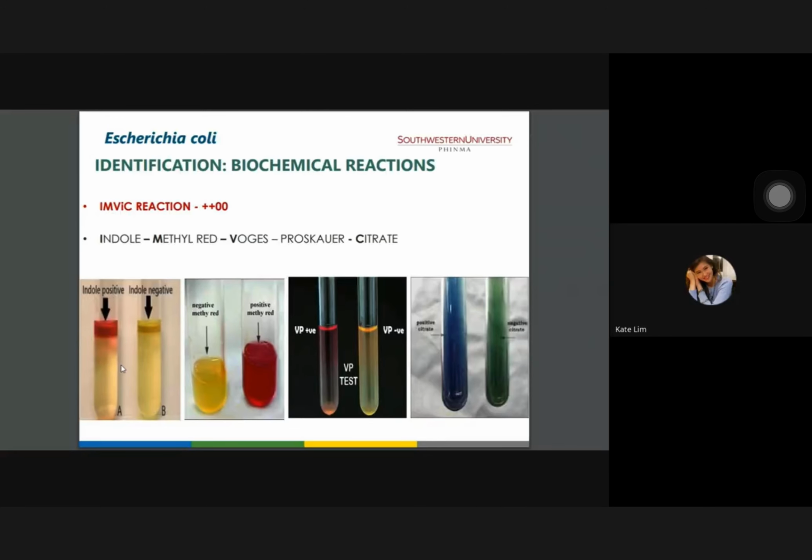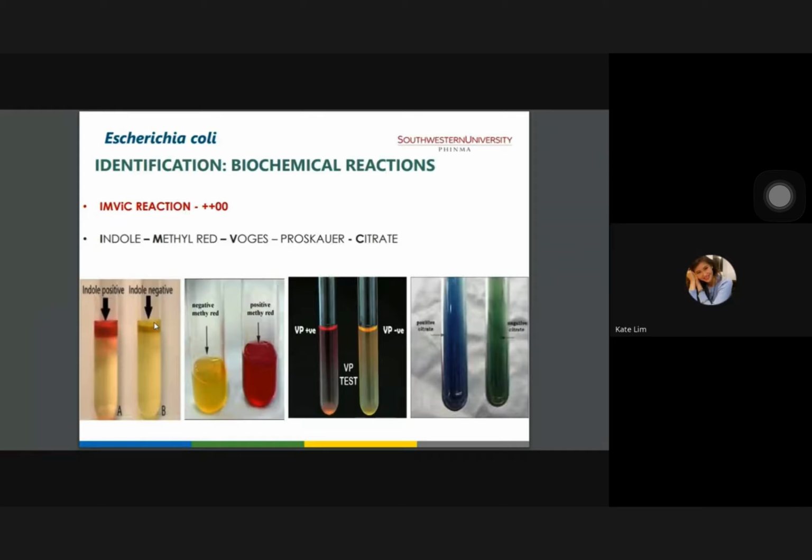So when you add Kovac's reagent, if the bacteria is positive for indole, the bacteria could produce a reddish or pinkish ring in the reagent layer. This indicates the production of indole from the breakdown of tryptophan. That is your indole test.